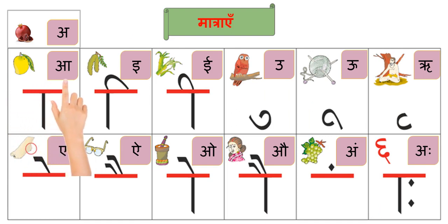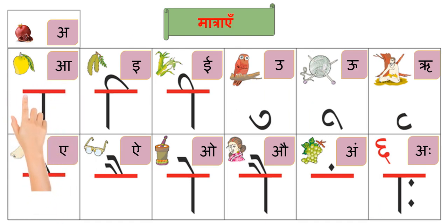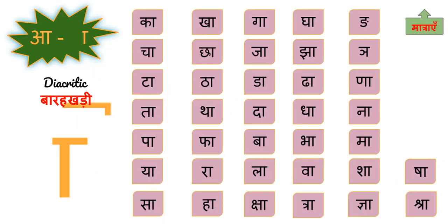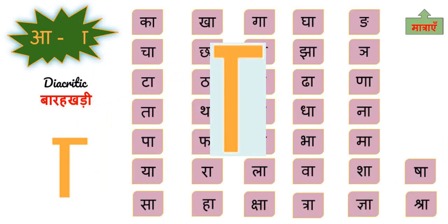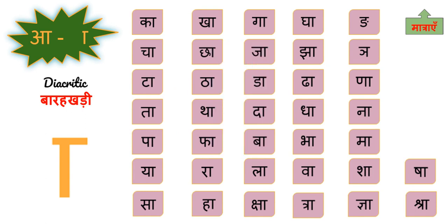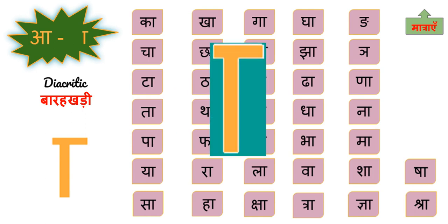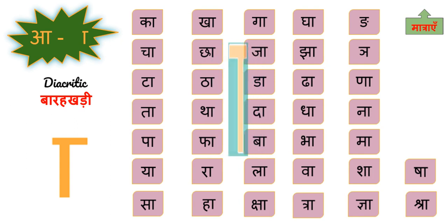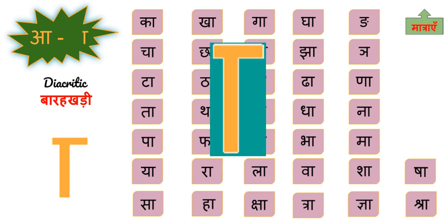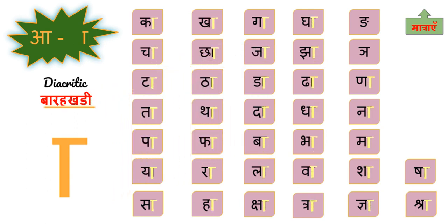आम वाला आ की मात्रा. आ की मात्रा will look like this. It represents English T. And when this diacritic is added to the consonants, they will look like this.